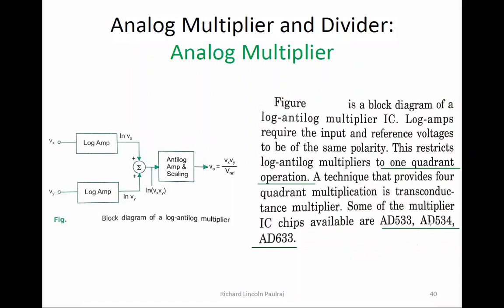Similarly, here we have other types, which are AD533, AD534 and AD633. You can refer to this for further information. I have just put it up here as an example. The main thing you have to know is how the operation works, what kind of equations, and what it is doing.